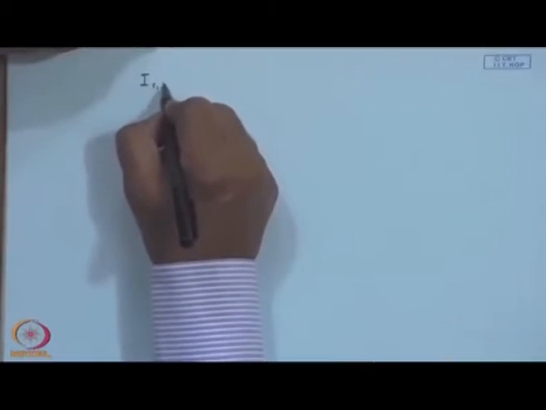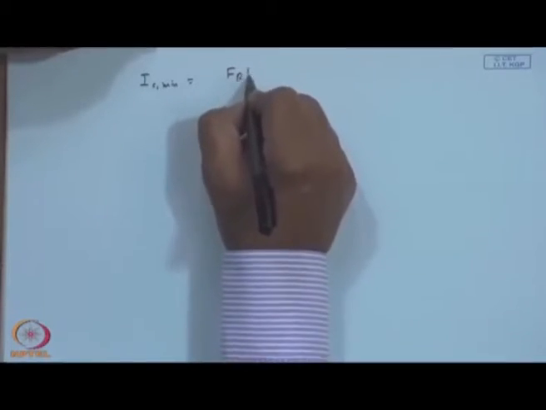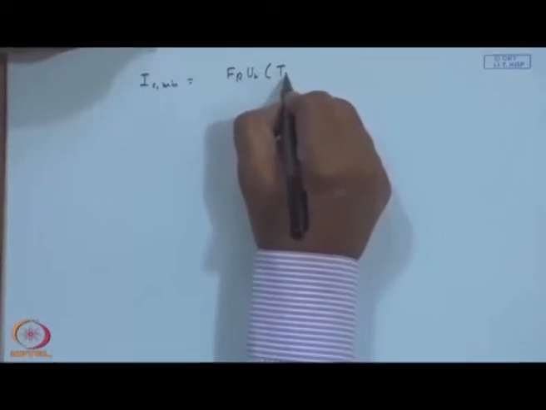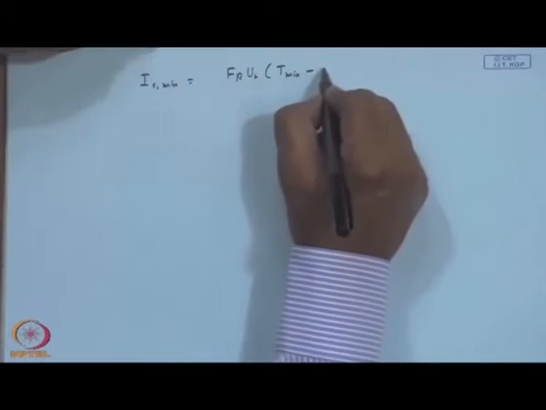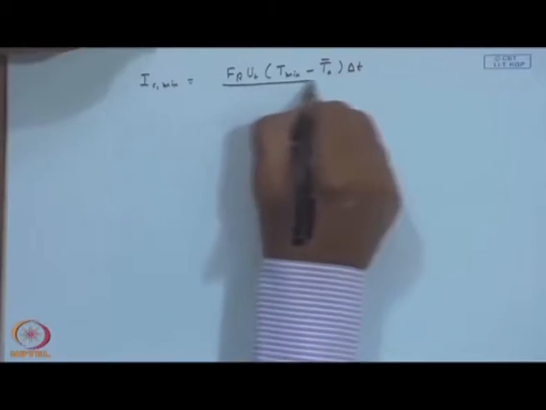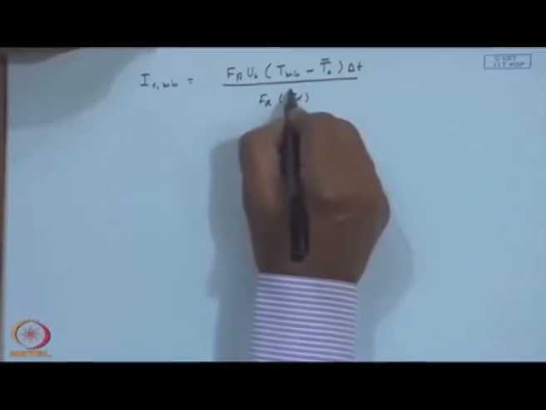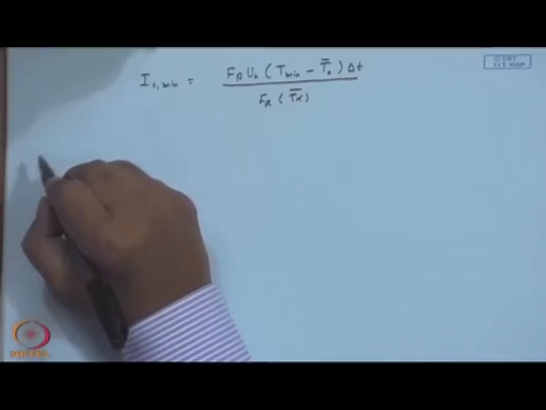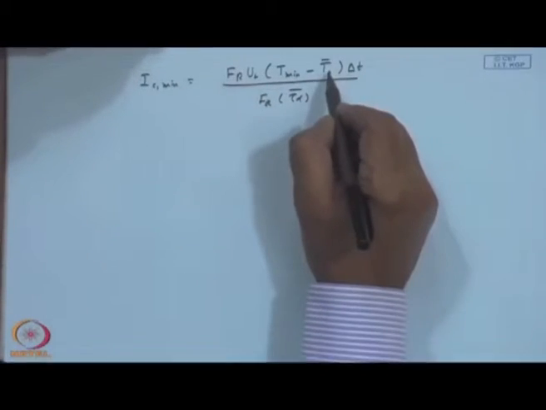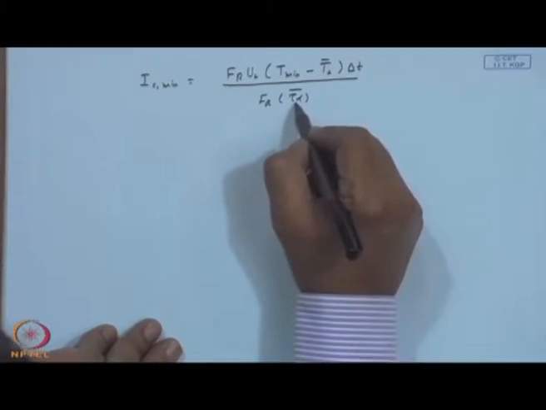And IC minimum will correspond to Fr UL into the minimum temperature at which my energy delivery is desired, times delta t, upon Fr tau alpha bar, because I have already extended to T minimum, and I have already extended to the monthly average analogously, taking the average temperature divided by the average transmittance absorptance product over the month.